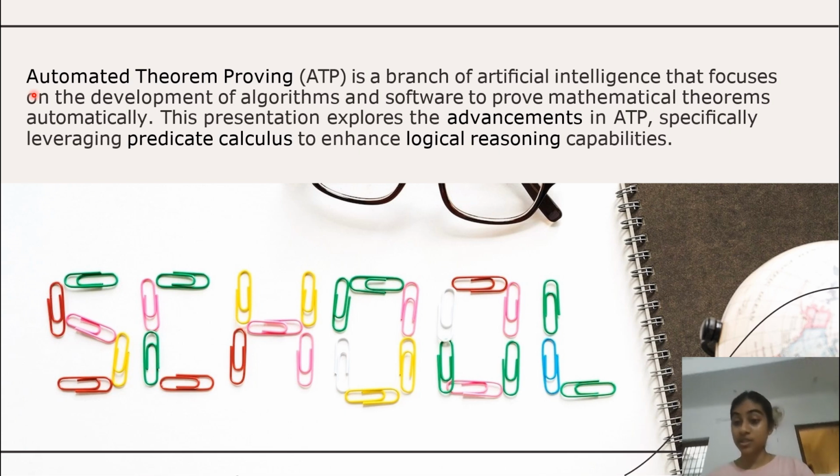Now, coming to the main topic, automated theorem proving. Automated theorem proving is a branch of AI focused on creating algorithms that can automatically prove or disprove the validity of mathematical theorems.